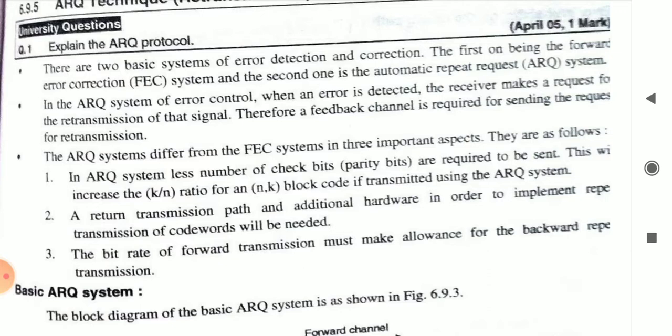In the ARQ system of error control, when an error is detected, the receiver makes a request for retransmission of that signal. Therefore, a feedback channel is required for sending the request for retransmission.